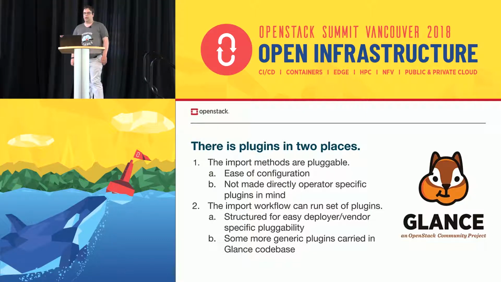We have some provided by the community that live in the Glance code base. We have a no-op plugin, which is basically boilerplate showing how you can make your own. As the name suggests, it's no-op, and it's just there to give an easy framework to start with to build your own. Then we have a metadata injection plugin, which was part of the work to get this all done.